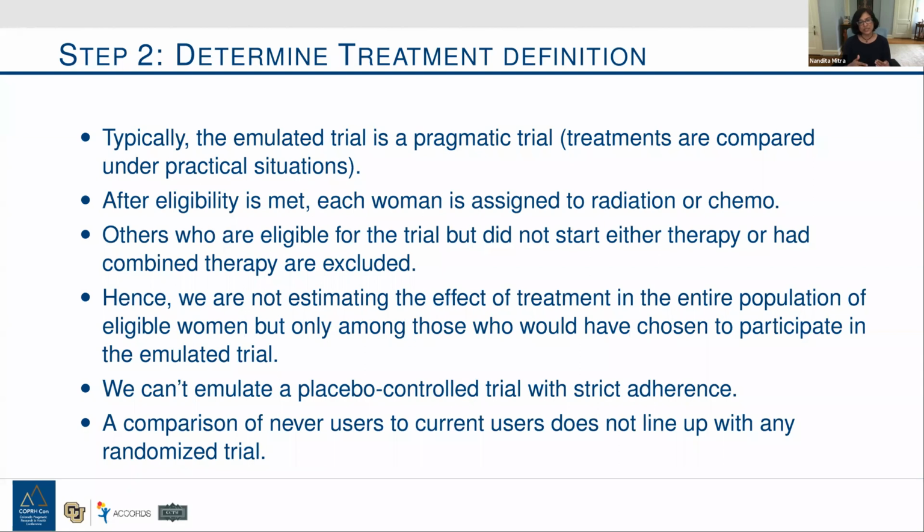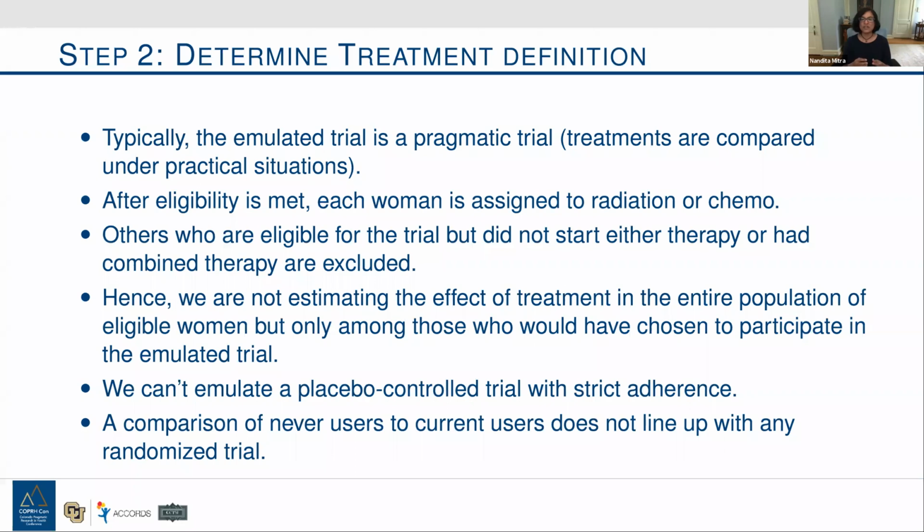In this case, if we did that, we would not be estimating the effect of treatment in the entire population of eligible women, but only amongst those who would have chosen to participate in this particular emulated trial, where only 2 treatments would be randomized. One thing to think about is we can't really emulate a placebo-controlled trial with strict adherence. When you have observational data, it's tricky, right?